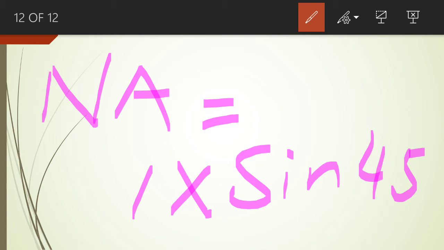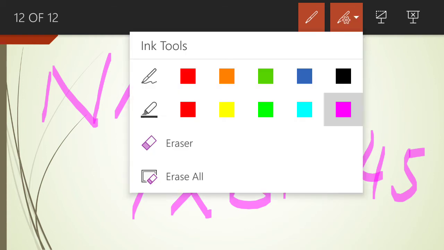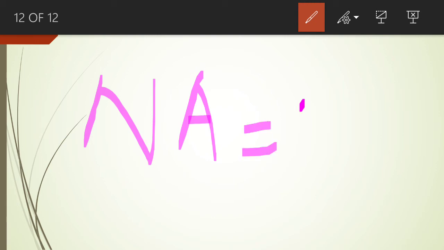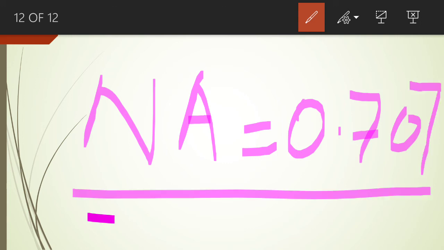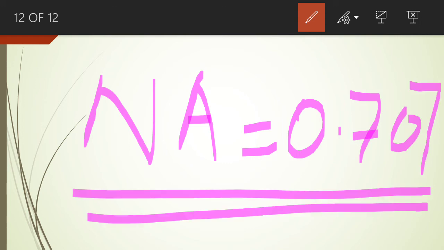I think you guys can check the value of sine of 45 later on, but I think the value is 0.707. So the numerical aperture of the photodetector will be 0.707. This will be the numerical aperture of the photodetector.